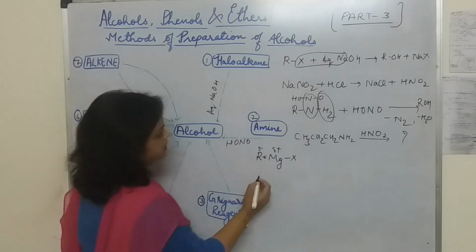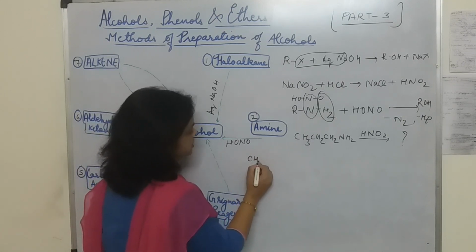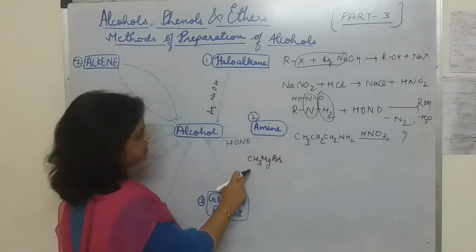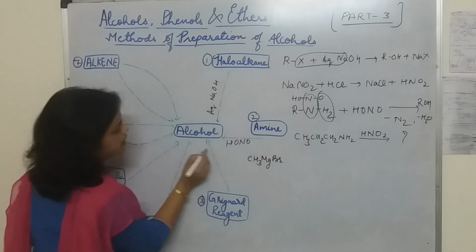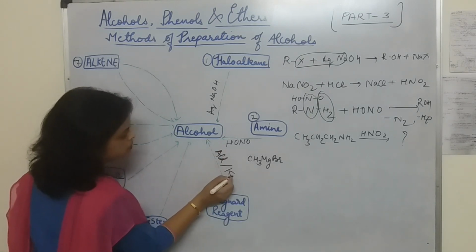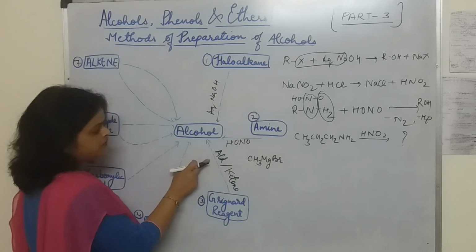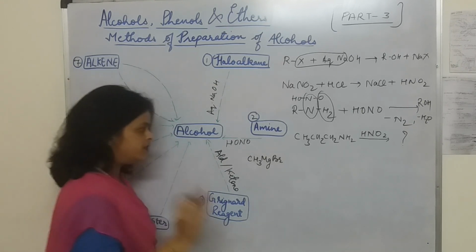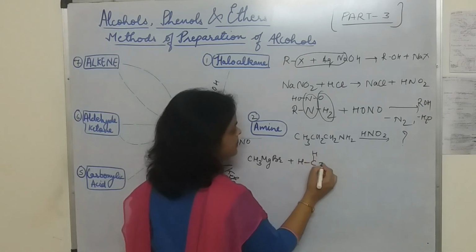We will take one Grignard reagent. Suppose I am taking CH3MgBr. Whenever a Grignard reagent combines with an aldehyde or ketone, you will get alcohol. First I am taking the simplest aldehyde, that is formaldehyde.